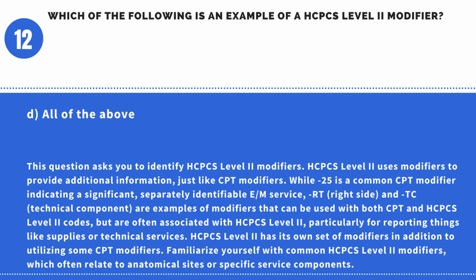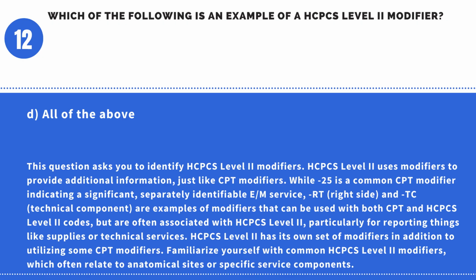Answer: D. All of the above. This question asks you to identify HCPCS Level II modifiers. HCPCS Level II uses modifiers to provide additional information, just like CPT modifiers. While -25 is a common CPT modifier indicating a significant, separately identifiable E/M service, RT, right side, and TC, technical component, are examples of modifiers that can be used with both CPT and HCPCS Level II codes, but are often associated with HCPCS Level II, particularly for reporting things like supplies or technical services.